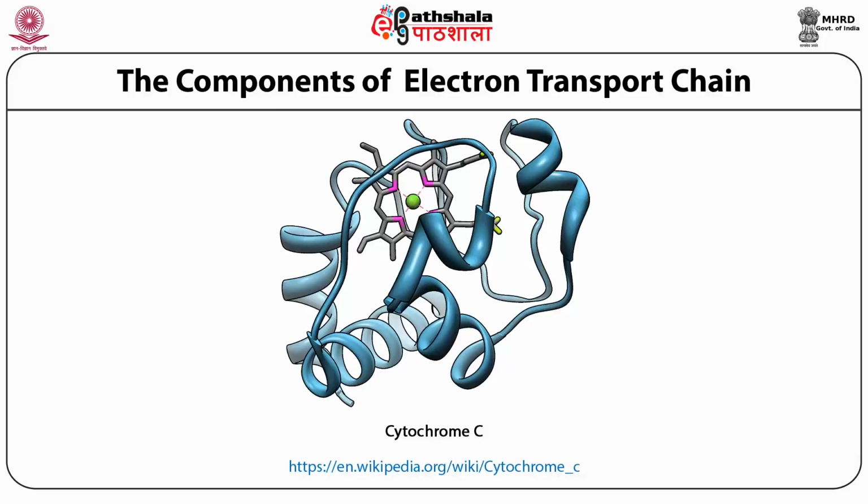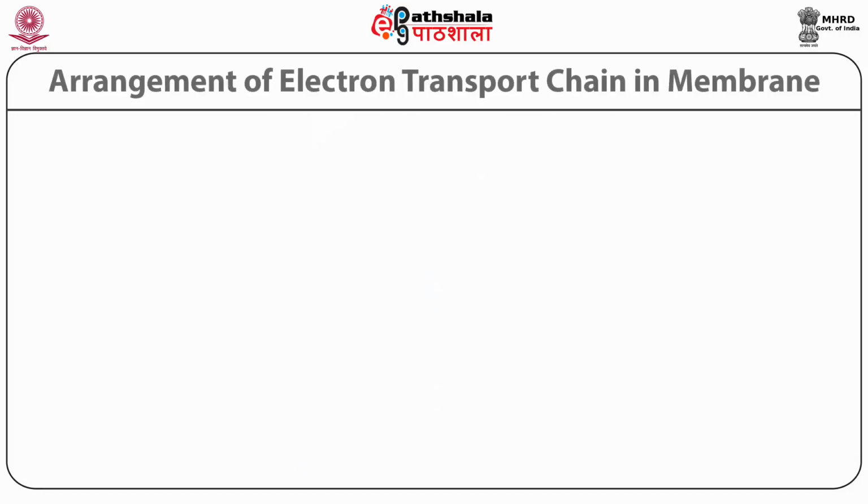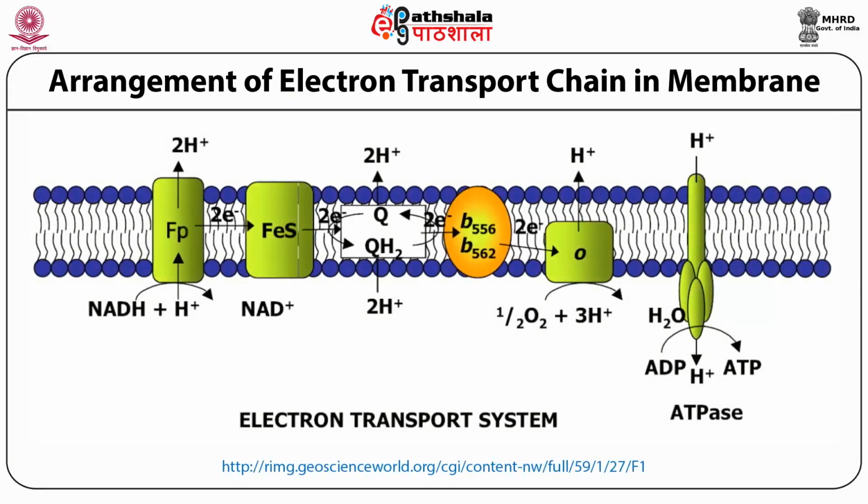In an analogous way to oxidation of an iron atom in the iron sulfur protein, the cytochromes have a characteristic absorption band in the reduced state that permits recognition of the several different members of the class, which are designated by a terminal letter, for example cytochrome C. The following figure shows the arrangement of the electron transport chain in a membrane.